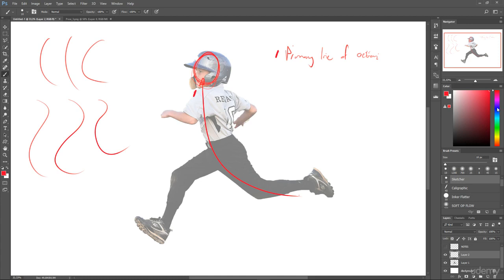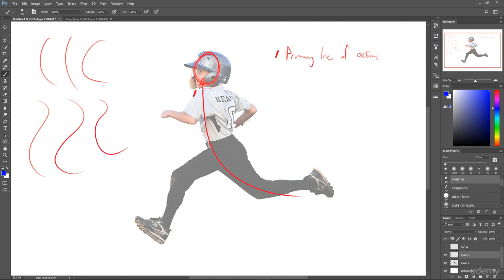Consequently, secondary lines of action are lines that come from the primary line of action and flow from it in a very natural way. If they aren't flowing from it, then the secondary lines of action aren't good. Usually in real people, the secondary line of action generally always makes sense, unless something terrible has happened to the person where their joints are all out of whack.